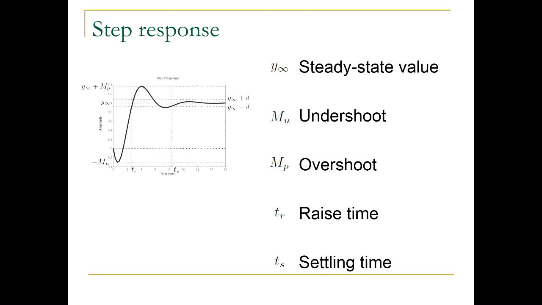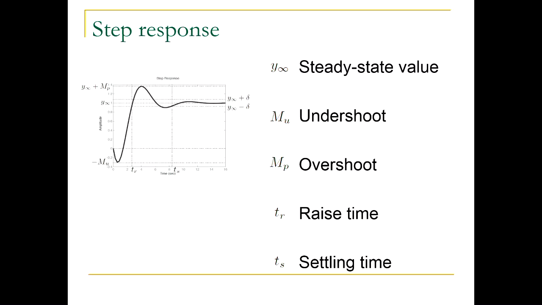So steady state value is basically where your signal would converge as time goes to infinity. And then you can talk about undershoot, and typically you can talk about percentage undershoot, overshoot. So it's the amount of, we can say, the minimum value of the output before it goes in the direction we want. Overshoot is measured just above the y infinity, right?